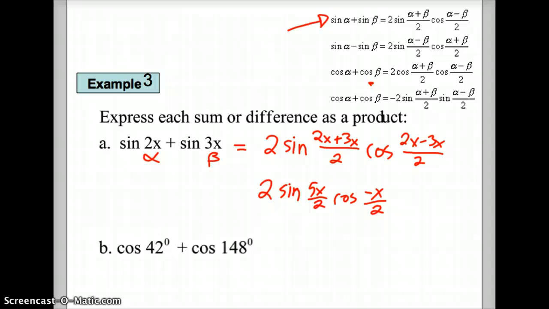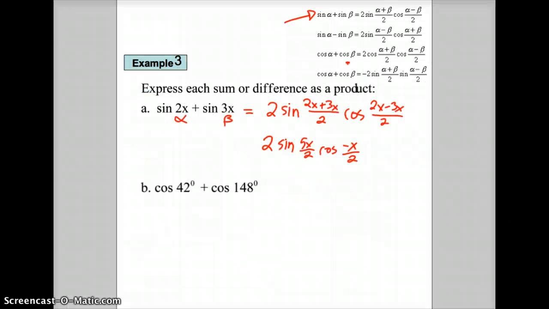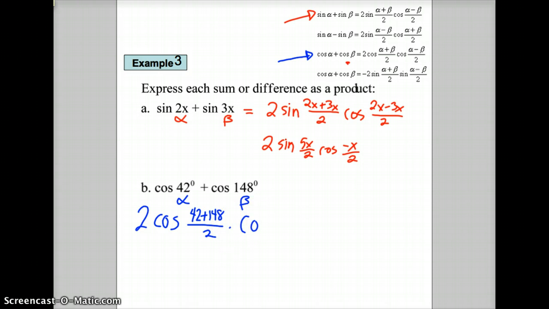Now cosine 42, cosine 148, perhaps we'll actually be able to find the exact value of this expression. So taking a look at what formula I'm going to use and who's alpha and who's beta, looks like I'm adding 2 cosines, so I'm going to use this formula, and alpha is 42, beta is 148. So we have 2 times the cosine of the sum of the angles divided by 2 times the cosine of the difference of the angles. So 42 minus 148 divided by 2.